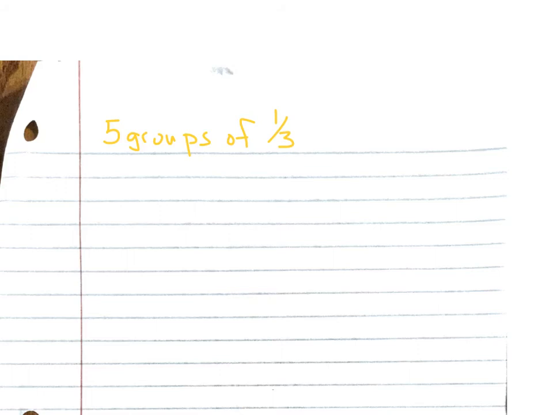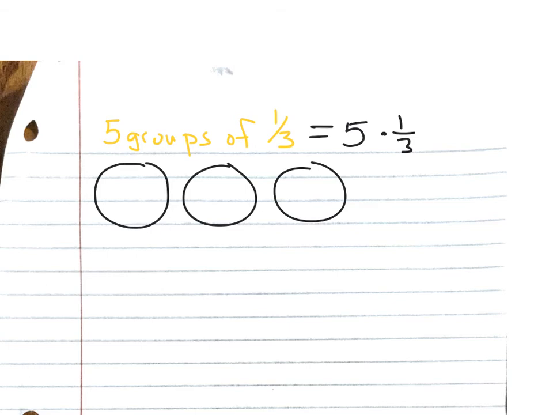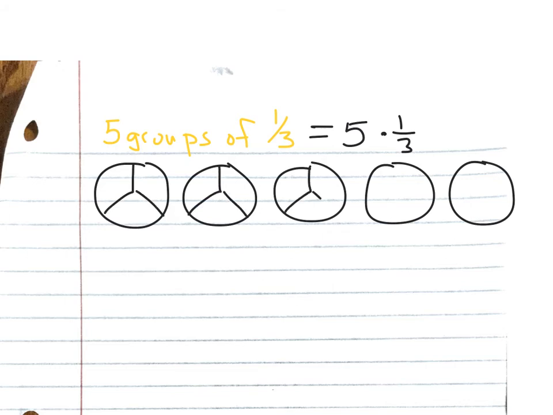Alright, so 5 groups of 1/3 is going to be the same as 5 times 1/3. So I'm going to draw out my groups. So I have my 5 groups, and this time we're just split into thirds. And then I'm going to color in my 1/3 in each of my 5 groups.